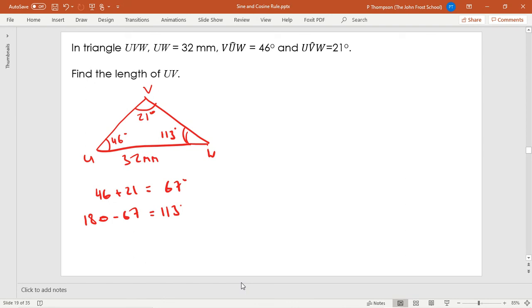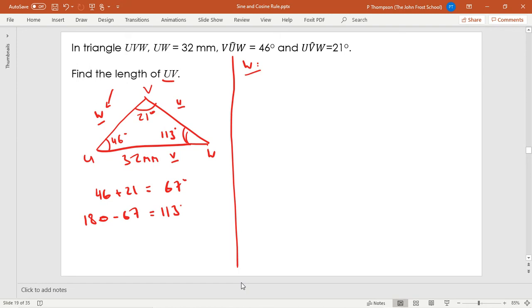So this one, because the angle's already been called U, V and W, all right, I'm going to label the triangle accordingly. So this is capital U. This would be lowercase u, lowercase v, lowercase w. Okay, so I've got to find UV, which means I'm finding this one, side w.